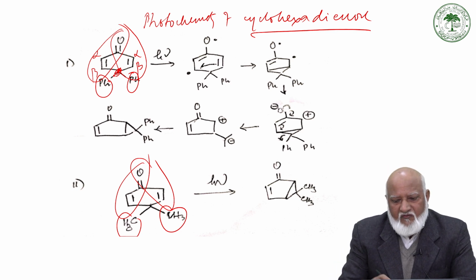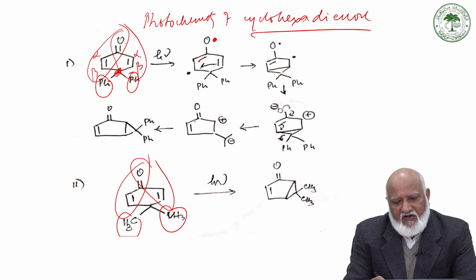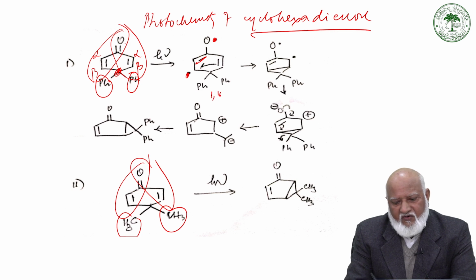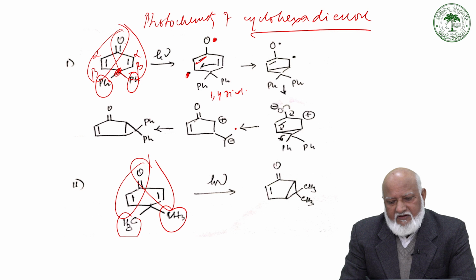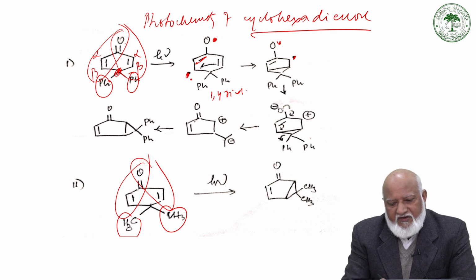So the steps involved will be as usual, as we have seen earlier: the excitation of the carbonyl to give a 1,2 diradical, which transforms to a 1,4 diradical because of the presence of a double bond at the alpha beta position. And then this transforms to another radical, or we can directly transform this to a zwitterionic species.